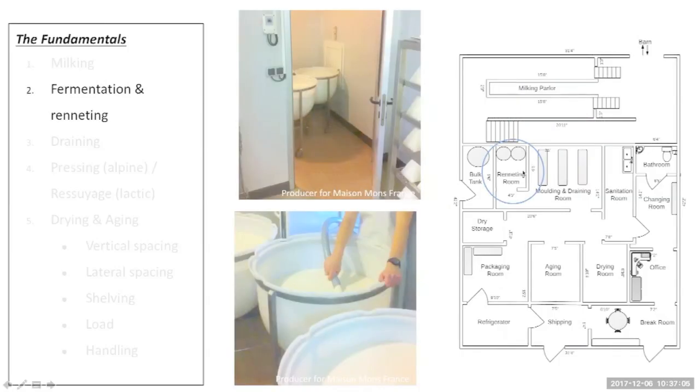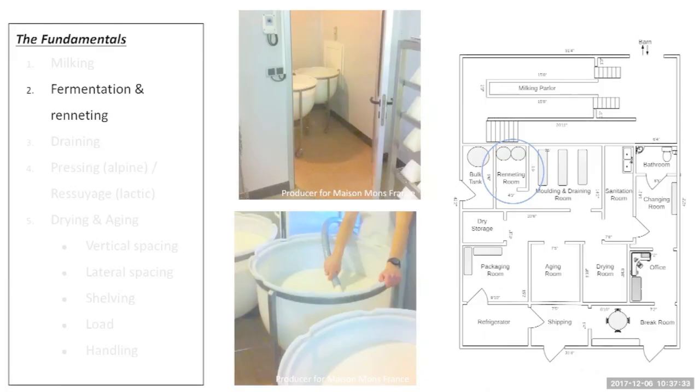This happens to be a facility design, by the way, that I'm just going to reference. I'm just going to show you real quick how things move. Milk comes from the milking parlor over here through into the bulk tank. From the bulk tank, which is outside of this little door here, the milk pours into these mobile units, which contain the milk that will be coagulating.